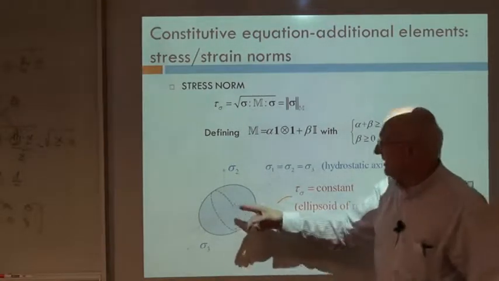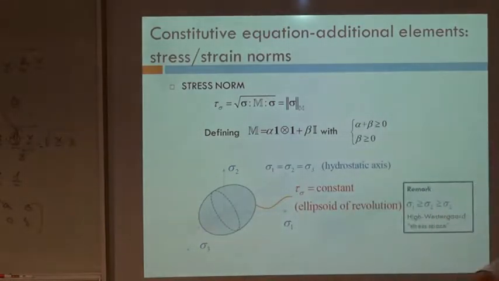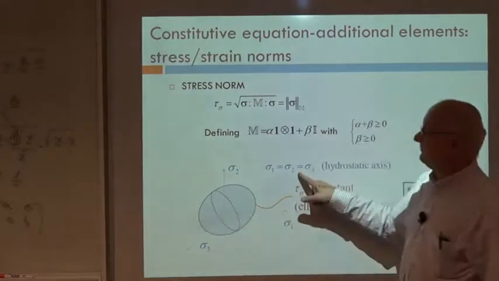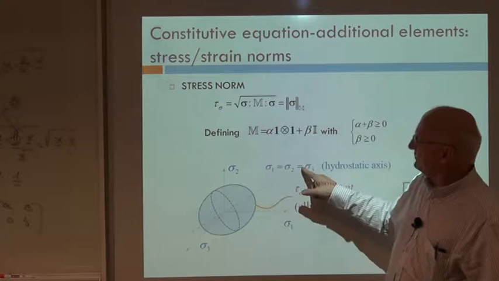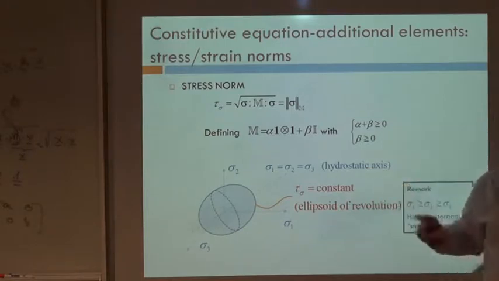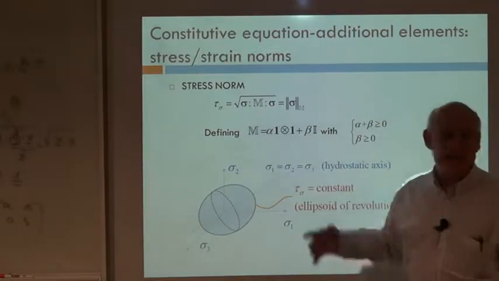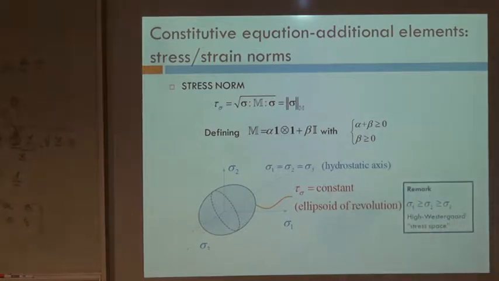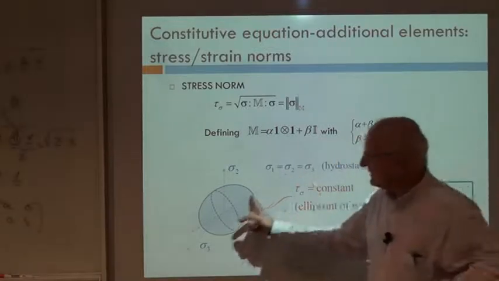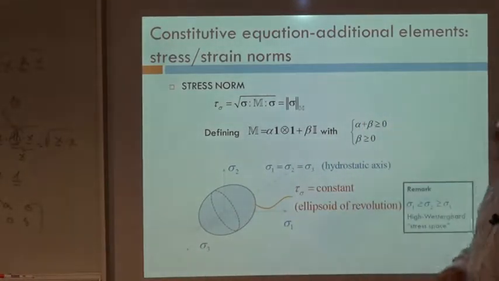The second would be x greater than 0, y greater than 0, z smaller than 0, etc. So the bisectrix of this space, sigma 1, sigma 2, sigma 3, is a straight line passing through the center of this, and it's called the hydrostatic axis. It's called that because water at rest is typically sustaining just pressure states characterized by the three principal stresses being equal and negative, by the way. So water at rest stress states would live there.